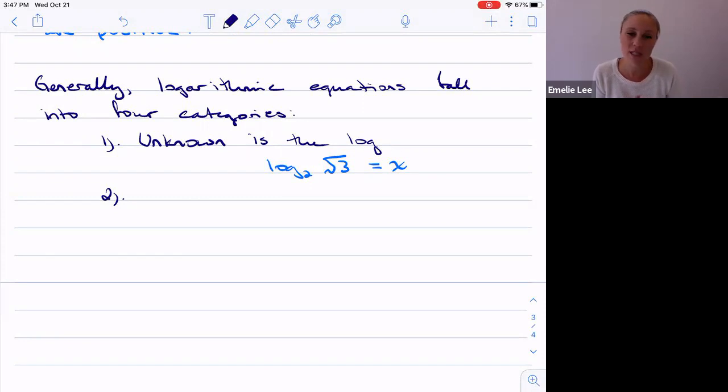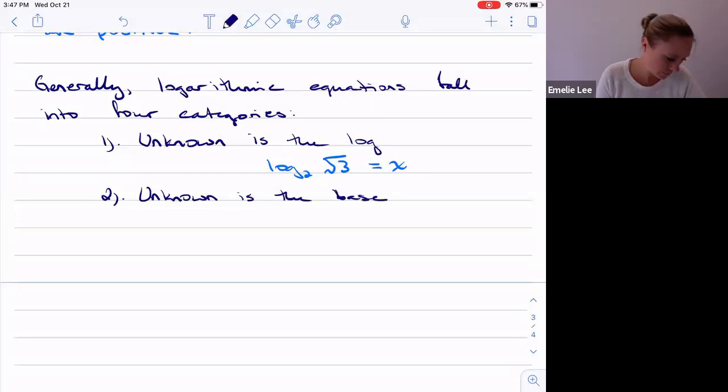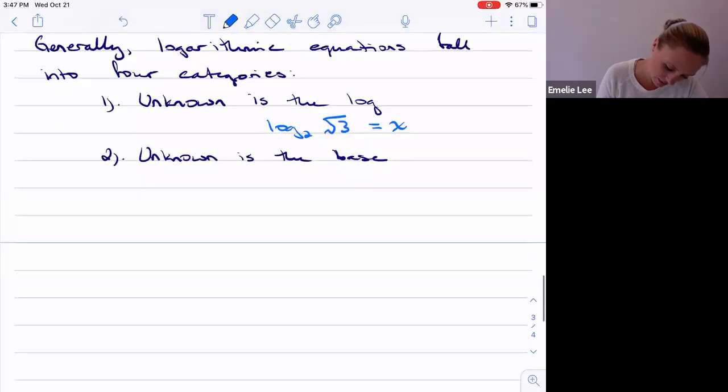Another option is if the unknown is the base. Something that might look like log base x of 6 equals 2.